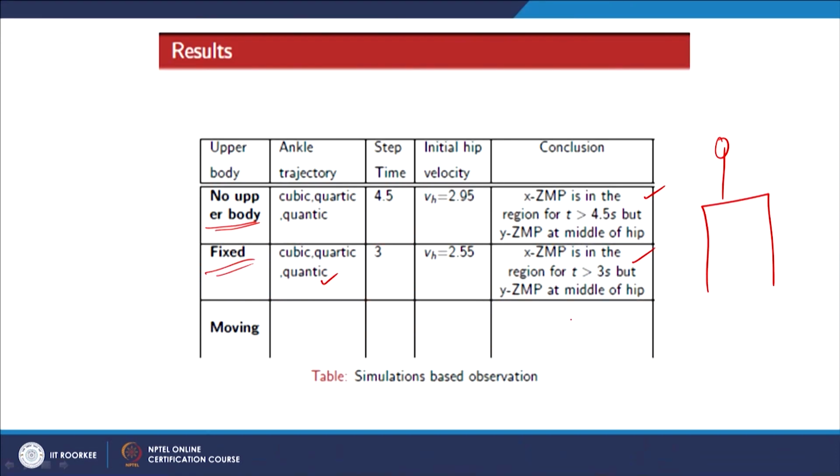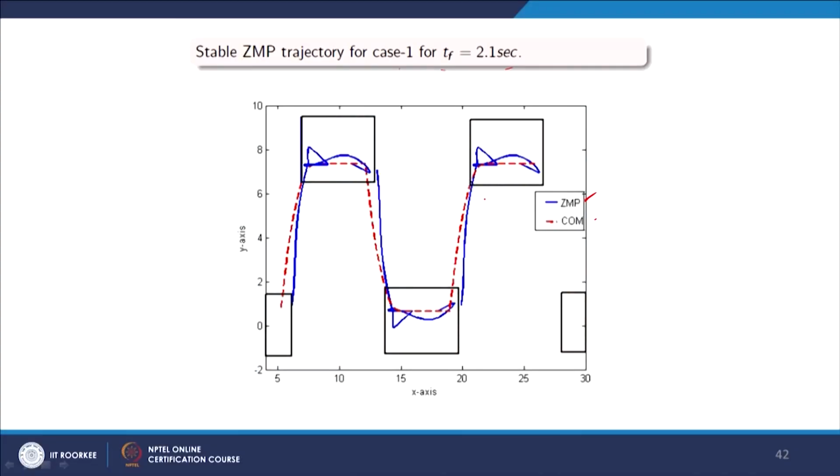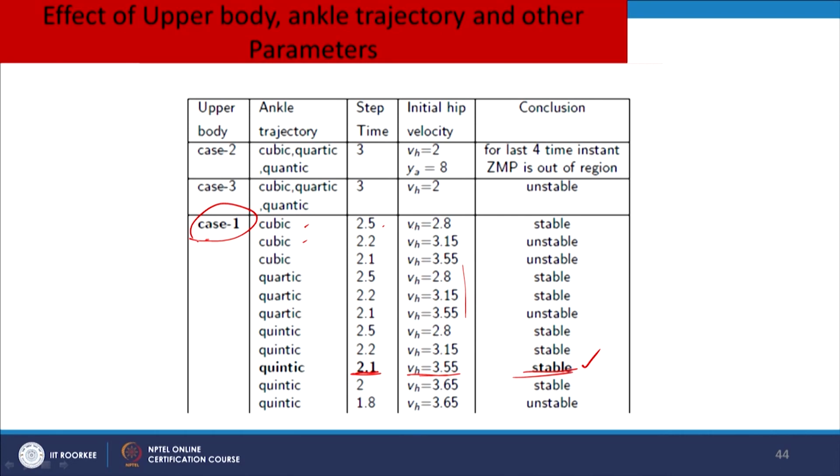So, that is shown in this particular picture, that it is always within the stability region and the robot is moving in a stable manner. In other cases also it is stable. So, case 1 is considered to be the best possible trajectory for the upper body motion, so that the robot does not fall.